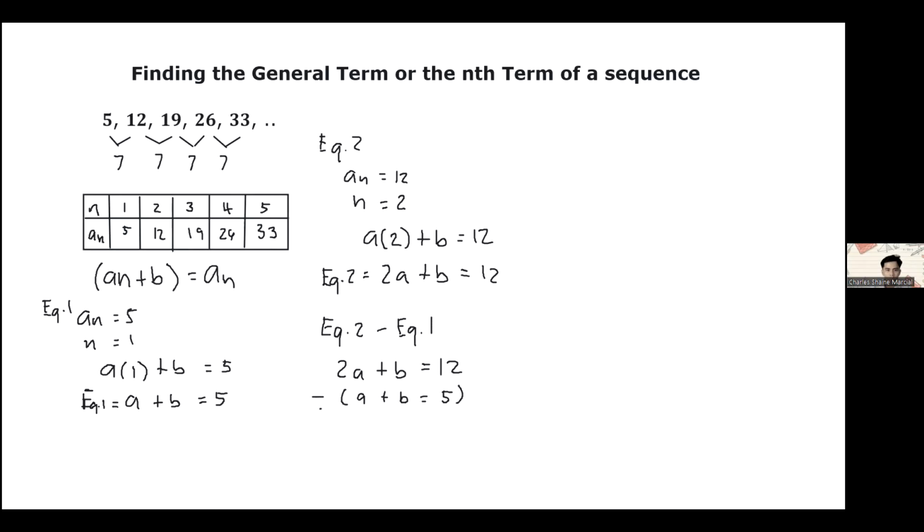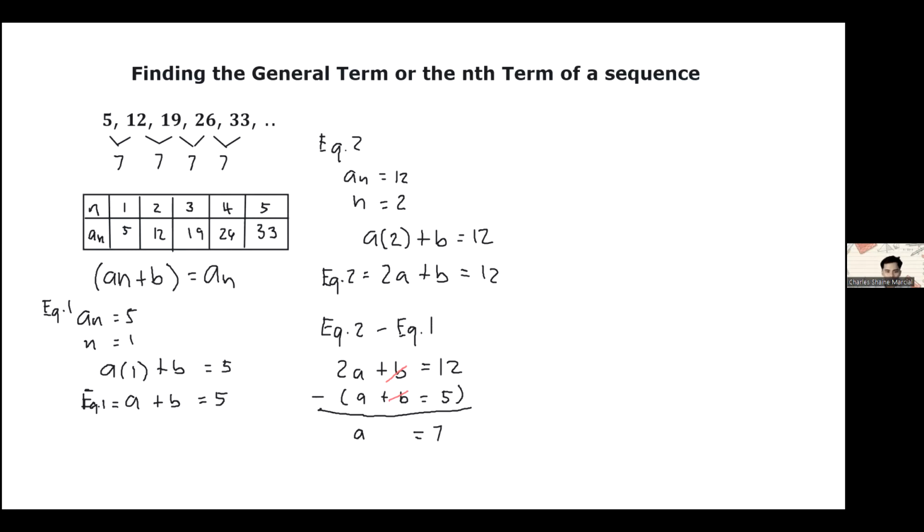Now, we will just subtract: 2a minus a is equal to a, since 2 minus 1 is 1. And ito, b minus b, makakancel na siya, equals 0. And then 12 minus 5 is equal to 7.